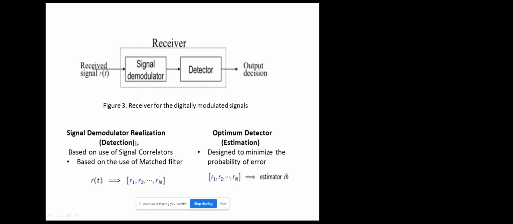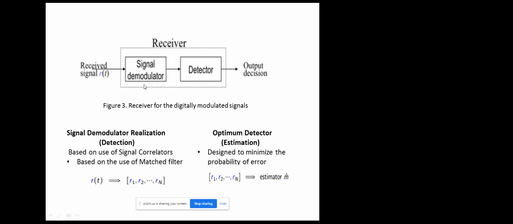So here in detection theory, we are going to have a received signal. The demodulator observes the received signal in such a way that it determines what kind of symbols have to be detected. The realization of the signal demodulator is based on two types: the use of signal correlators and the use of matched filters.